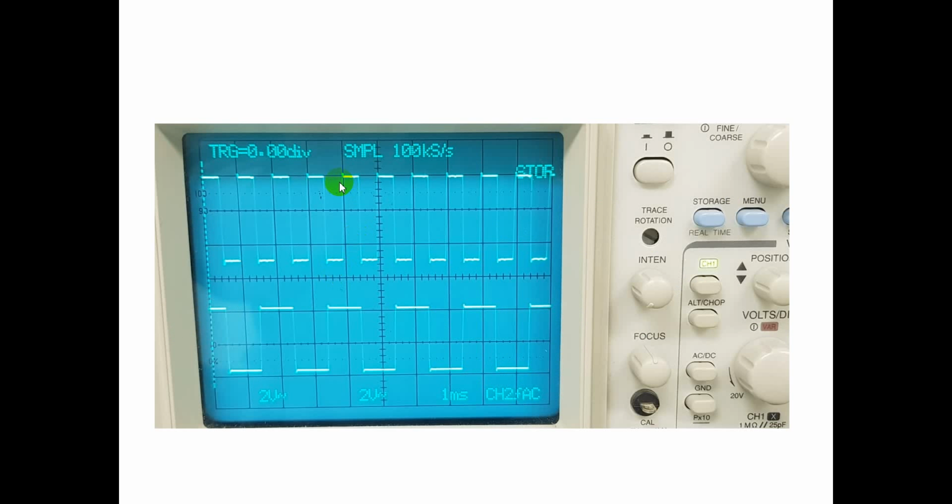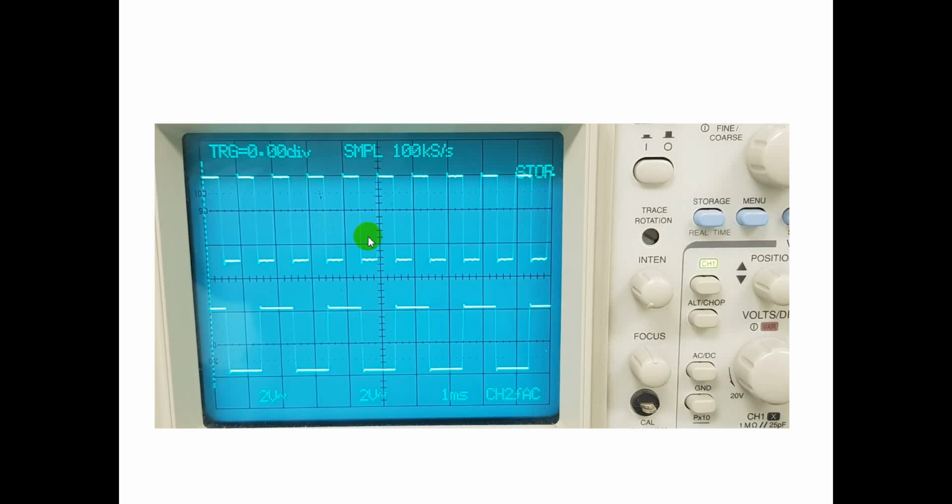You can verify here one time period of the clock. In fact, one time period for the output F1, or maybe Q0, is equal to two time periods of the clock, roughly, not exactly. I think it's a bit shifted version here.